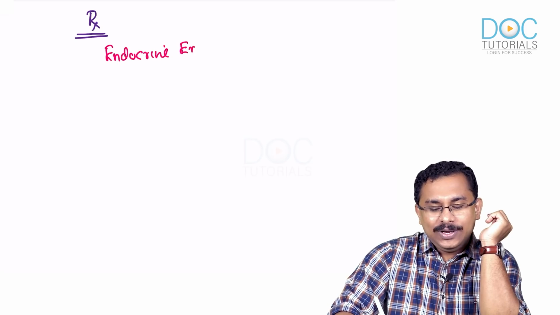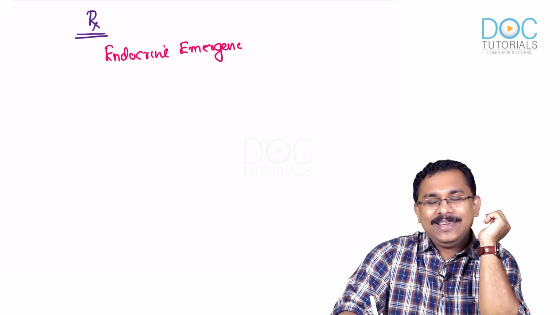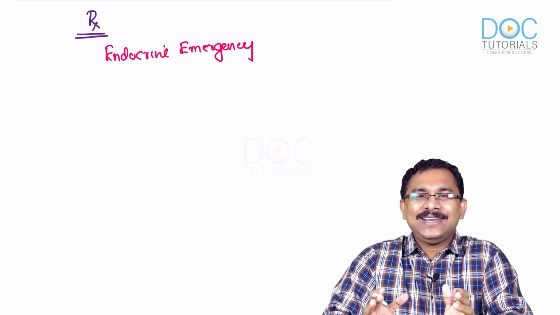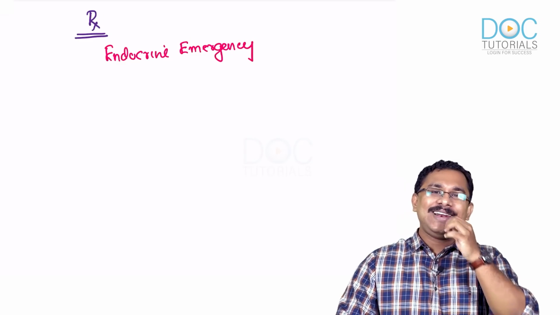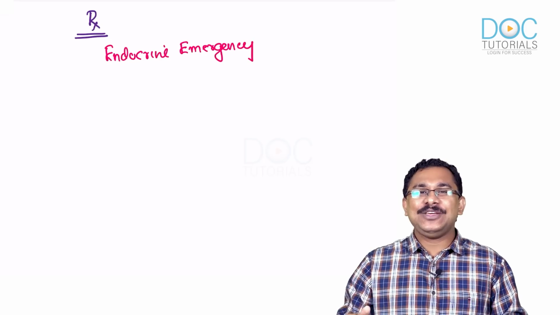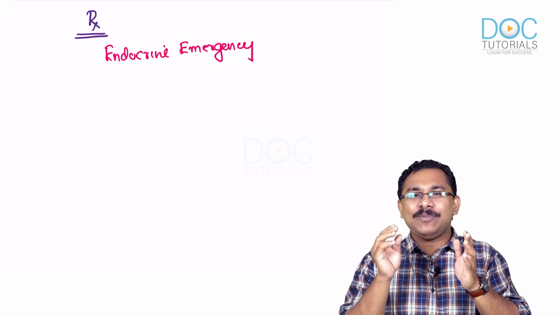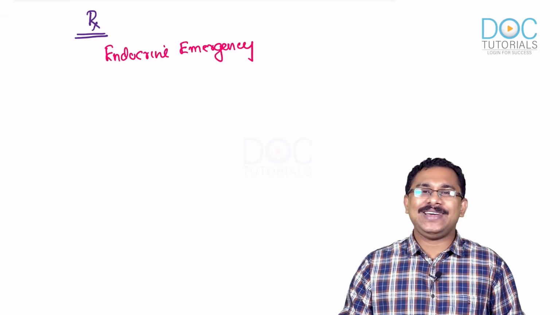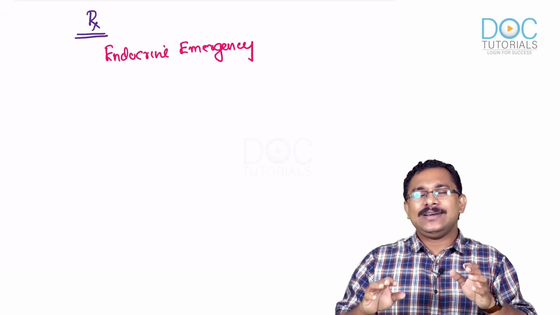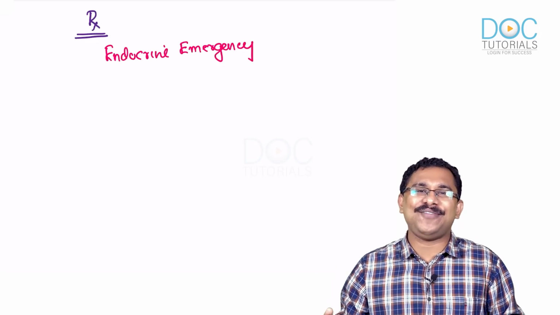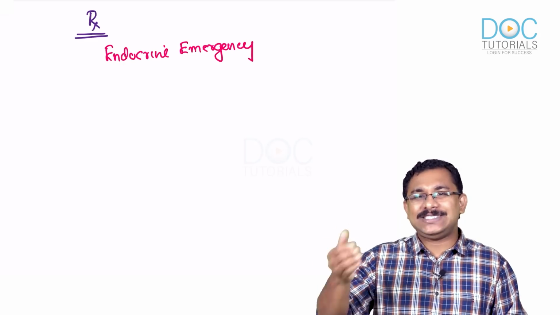So it has to be managed aggressively and at a good pace as well. Okay, so it is not something that can be managed in a calm, relaxed environment. I'm not saying you should be anxious or running around, but the moment you diagnose DKA, you understand that time is important. Okay, so do not waste time, because if you waste time, there is always a possibility of complications setting in.